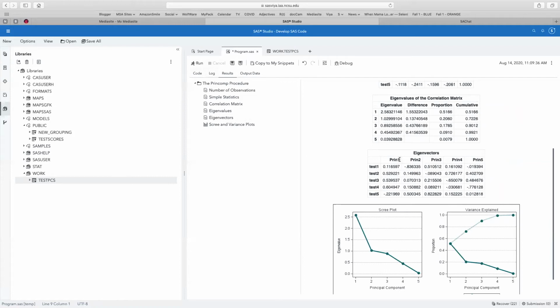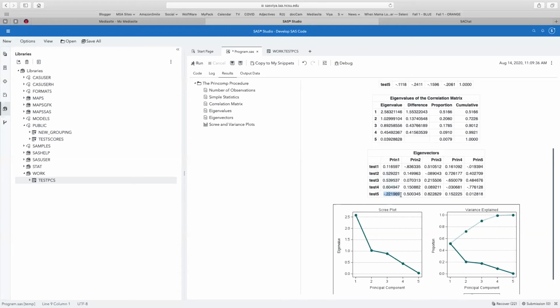So again, remember that the scores or the coordinates of each observation will be formed by taking a linear combination of their test scores using these weights. So for observation 1, the coordinate along principal component 1 is pretty much an equal weighted sum of those middle 3 tests.